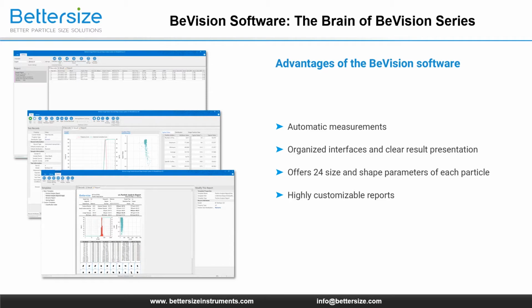When analyzing the particles, the Bevision software will measure 24 size and shape parameters of each particle. Also, the Bevision software provides highly customizable reports to present size and shape distributions of the sample.